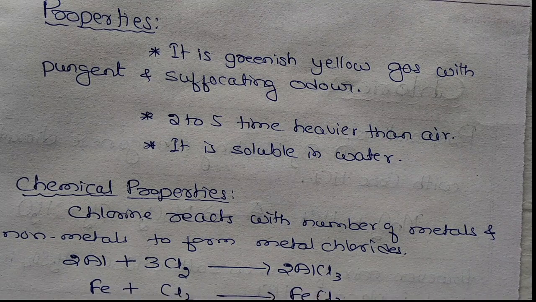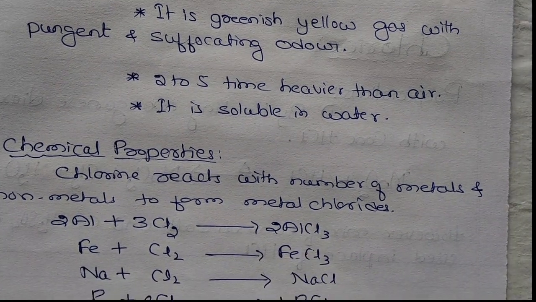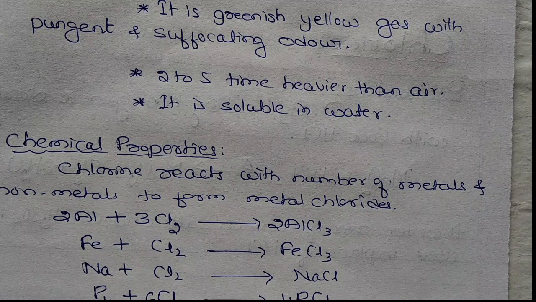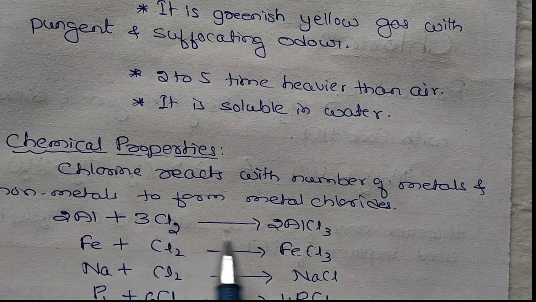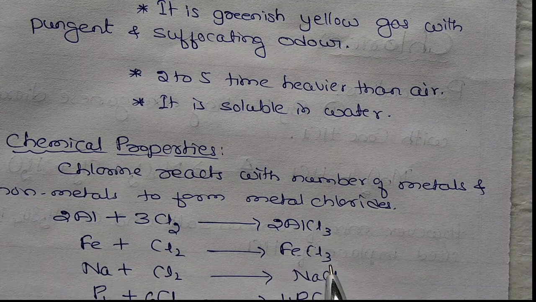Chemical properties. Chlorine reacts with a number of metals and non-metals to form chlorides. So it reacts with aluminium to give aluminium chloride. With iron it gives iron chloride. See, it is not balanced here, so we have to balance it.